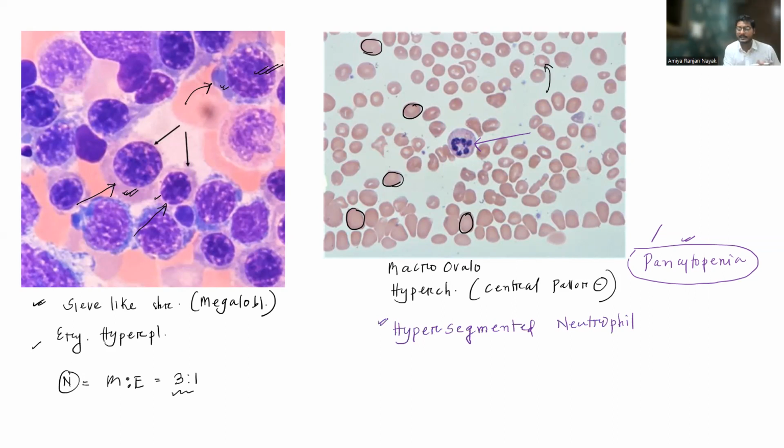To call it a significant hypersegmented neutrophil, you should get at least one neutrophil with more than 5 lobes, or you should get 5% of neutrophils with 5 lobes.